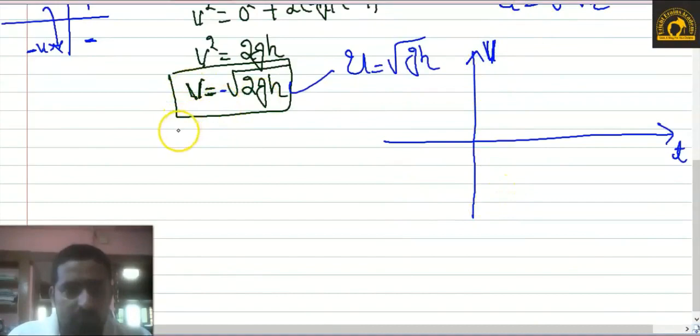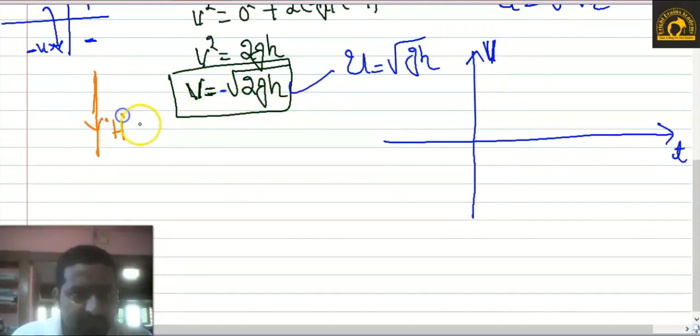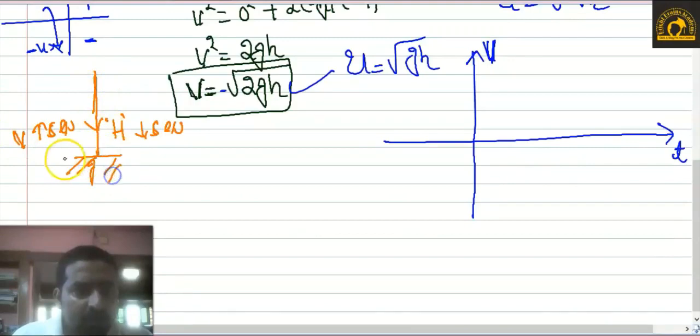First one, the height decreases. What about velocity? Velocity increases, because of the gravity of the earth.